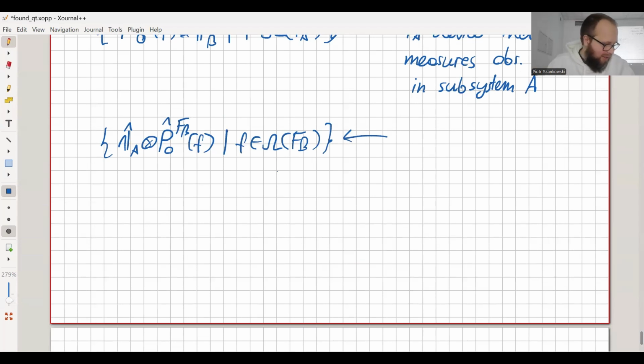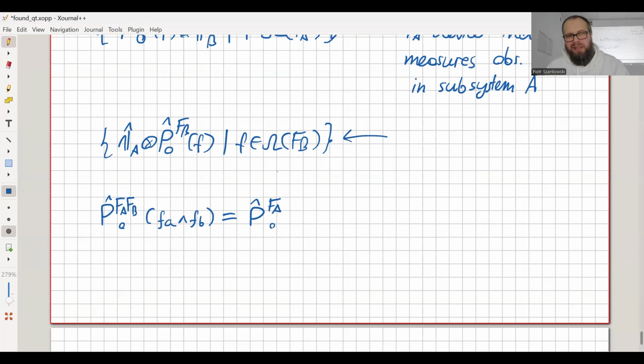And finally, if you want to do measurements in tandem, so in both systems at the same time, well, then the projectors that we would have to use are just outer products of this form, okay?